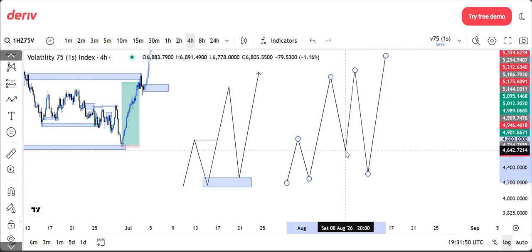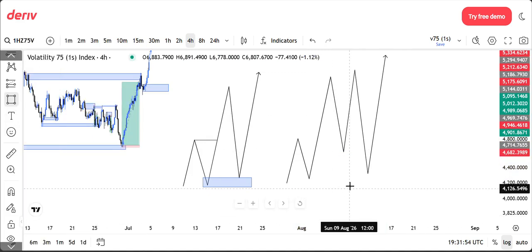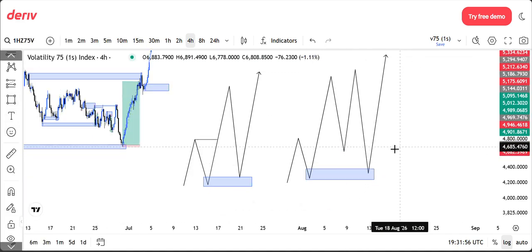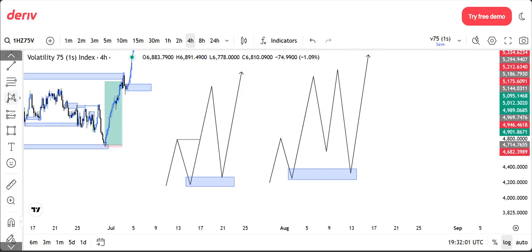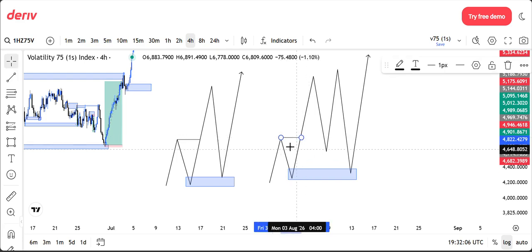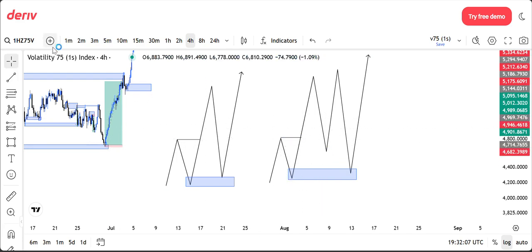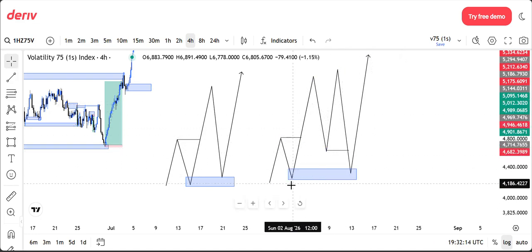So now in this particular model, you see what's the difference between this one and the first model. We see for this particular model, we have our inducements here, which acted as a liquidity.